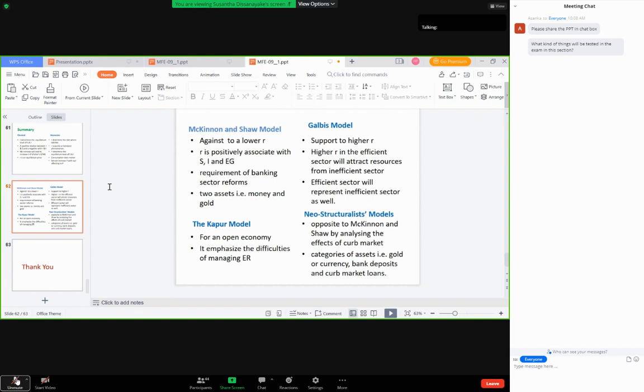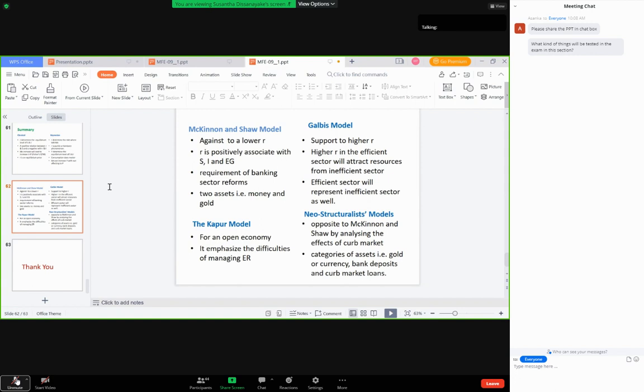The point they have come across is that when the interest rate is high, people will save more and more.